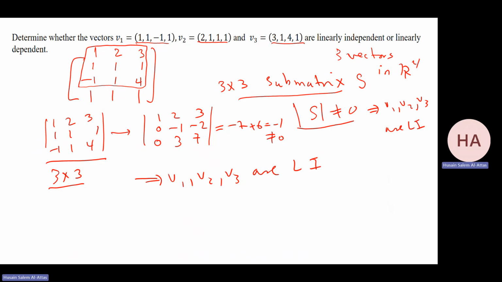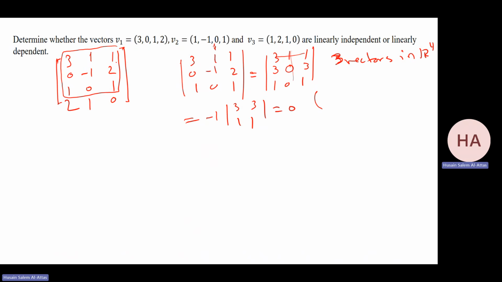So you need to check all the submatrices: the first with the third and the fourth, and so on, which is a little bit complicated. So we cannot conclude, no conclusion.